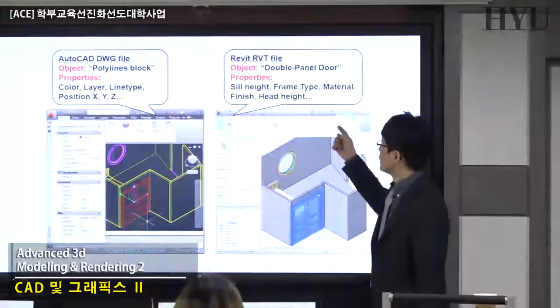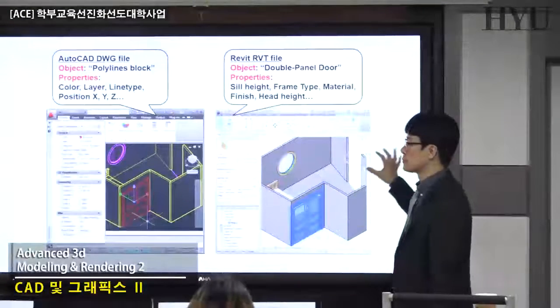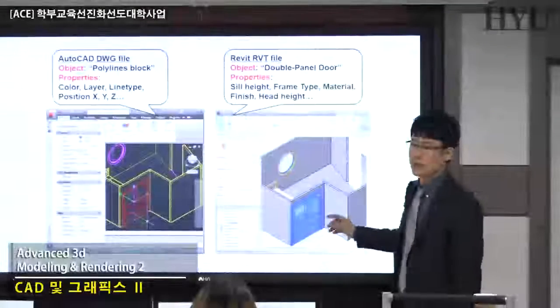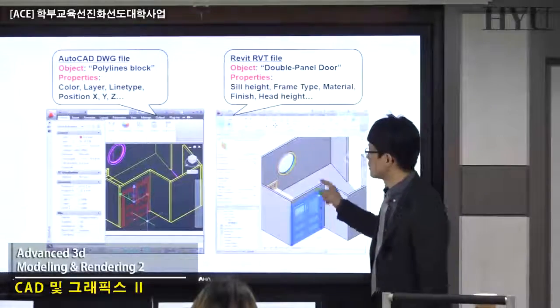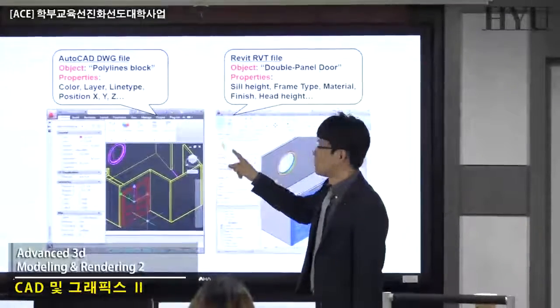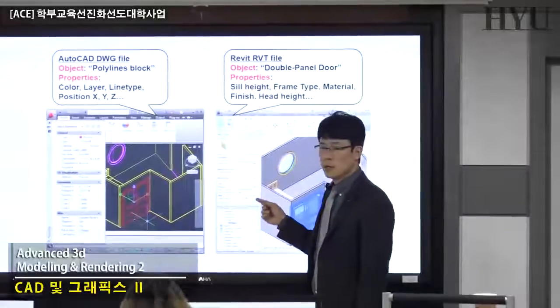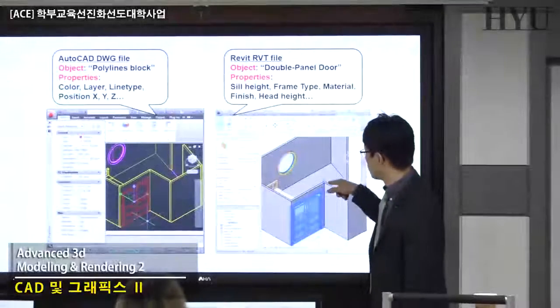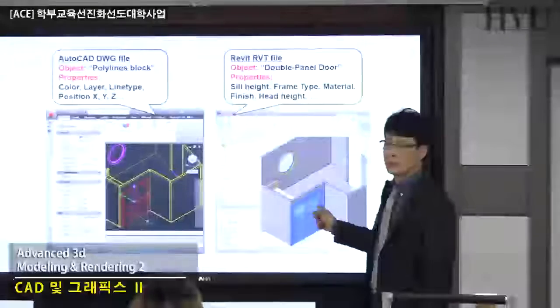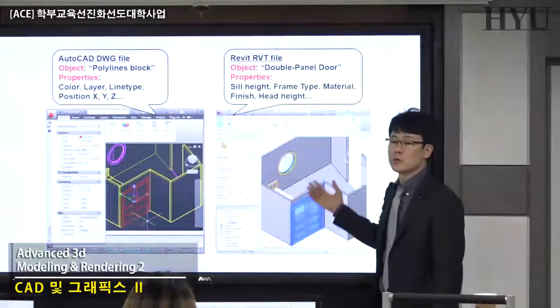In Revit, a building information modeling tool, this is Revit, or even Homestyler, it can recognize this is a door object. If you click this one, the computer displays this is a double panel door, which has its height, thickness, color, material, and which walls or rooms are related to this one, which 2 rooms are connected by this door, and so on.